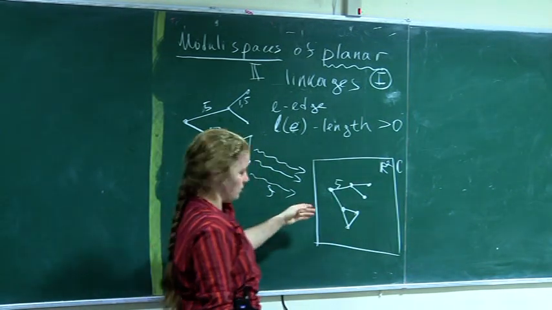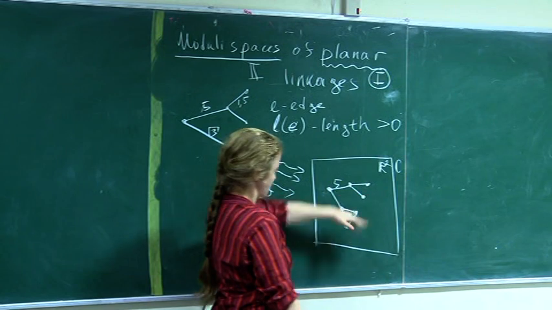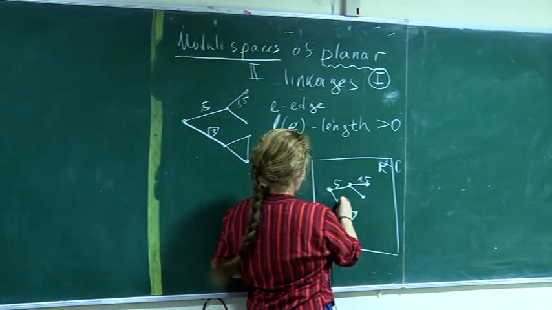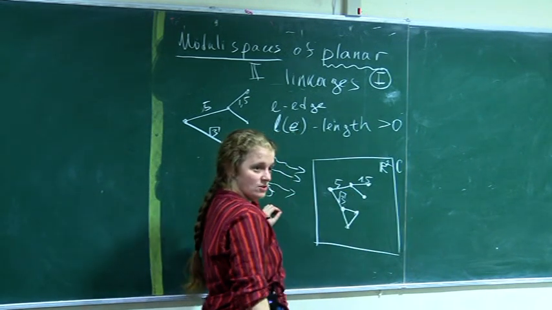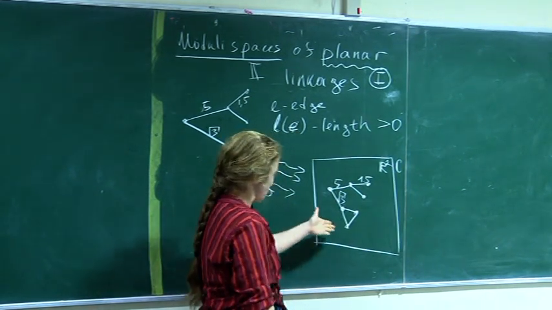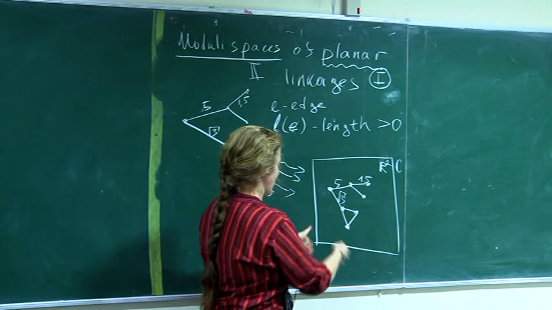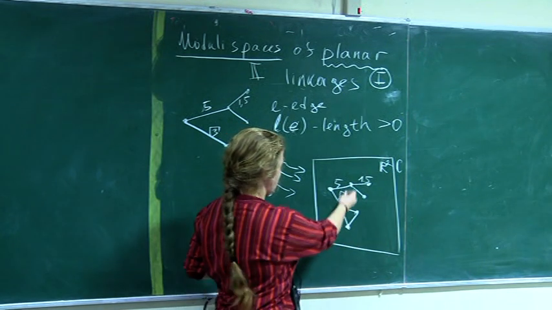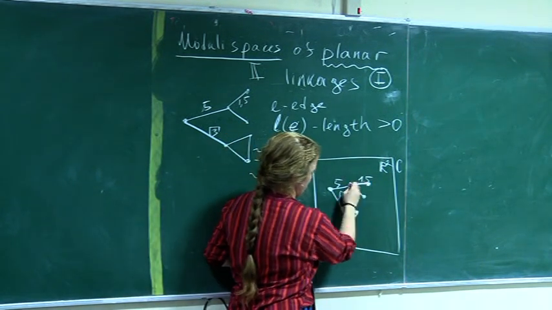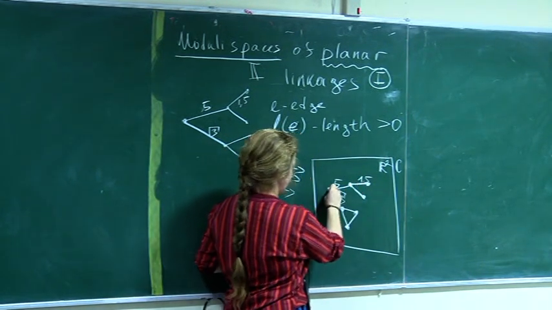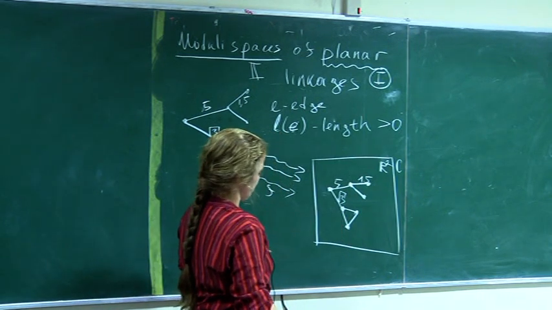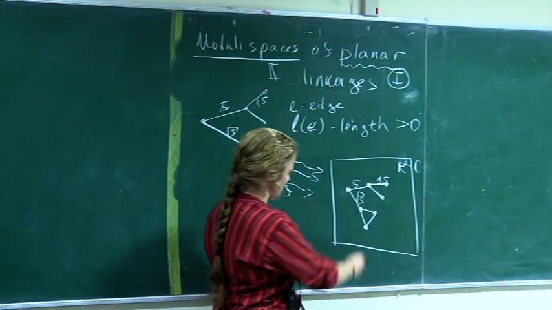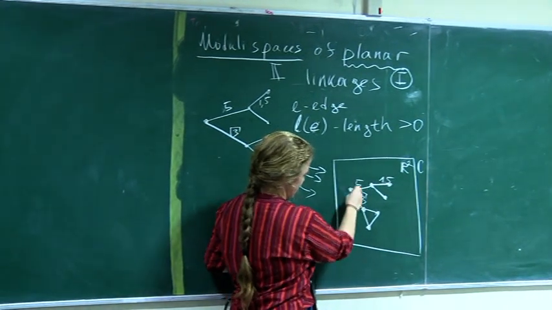So it is like a real object that lies on a plane with these restrictions. We are interested in the way this object can be placed on a plane and how it can move. If it is a linkage, we can imagine that these are bars joined by hinges, and they can revolve around these hinges.